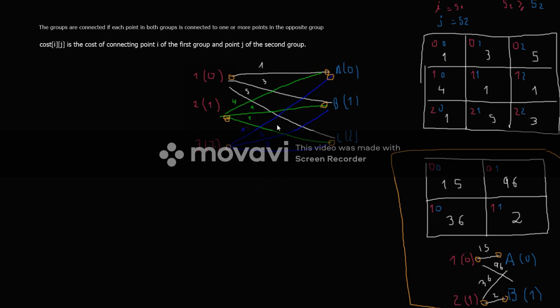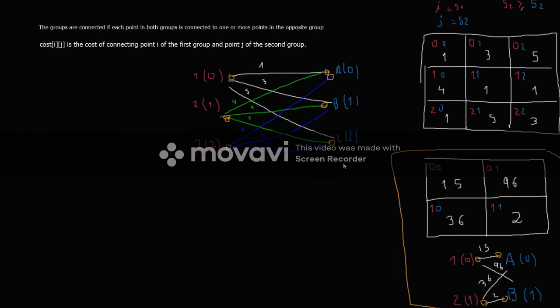And if you do this analysis, you will find that for instance, it couldn't be 0 0, 1 1, 2 2 because 2 2 is worth 3, 1 1 costs 1, 0 0 costs 1. So 1 plus 1 plus 3, it's 5.